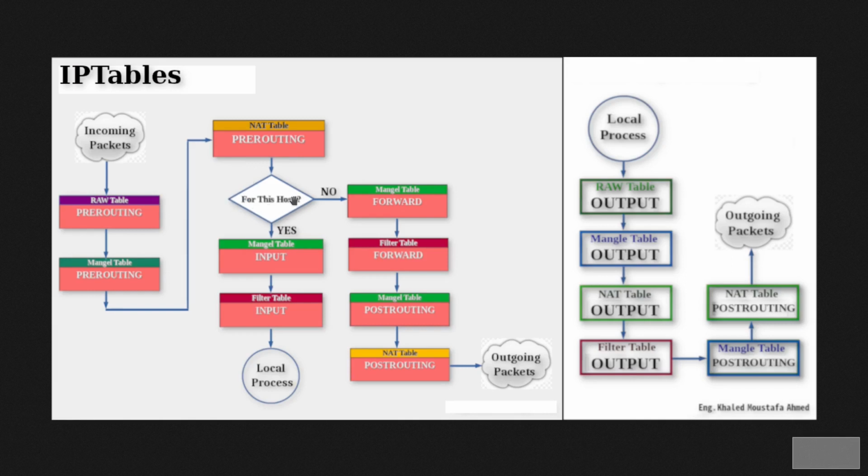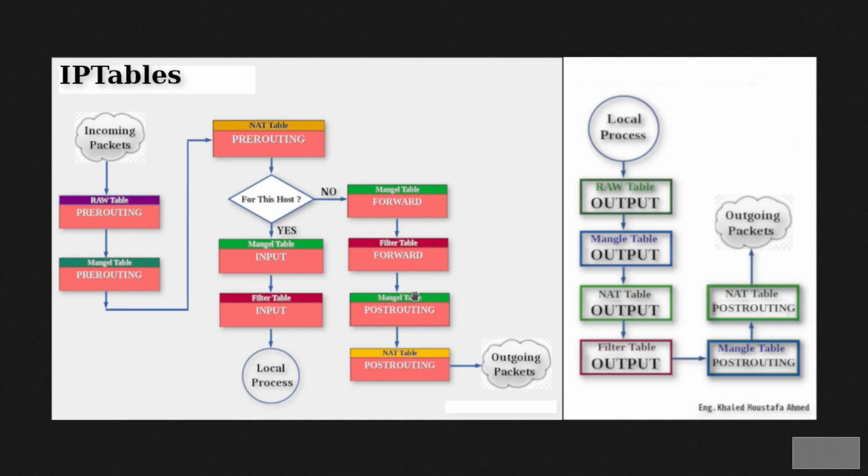Then after that, the routing decision is taken, and if the packet is destined to the Linux box itself, it will be passed to the mangle and filter table input chains, as you may see here, and then finally to the local process. But if the packet is destined to somewhere else, it will be passed to the forward chains in the mangle and filter tables respectively.